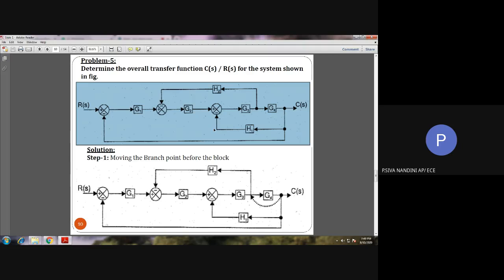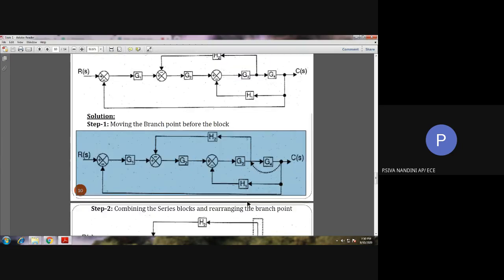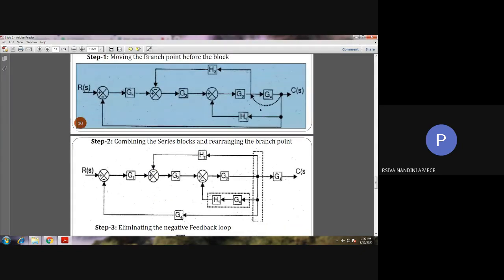Then, whether there is a possibility of moving a branch point, yes, we are having that possibility. See here, if we are moving this branch point before the block G4, we will be able to have a negative feedback loop. Okay, so keeping that in mind, we can move this branch point before the block G4.